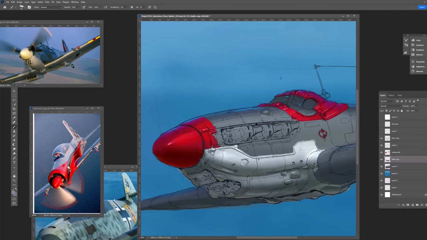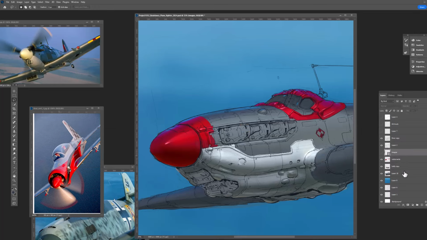And here comes into play the knowledge that we need as a concept designer, again, to have the awareness of how the real world works and how things in the real world work. So again, for example, I do need some basic knowledge of aviation when it comes to designing an airplane like this. I need to know some of the manufacturing technologies which were employed during that era specifically.